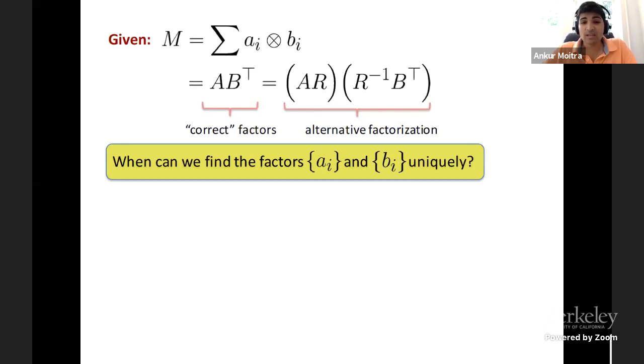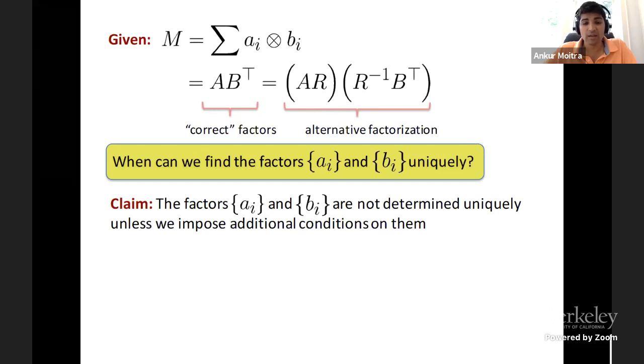Then when you group A times R together and R inverse times B transpose together, you get another perfectly valid alternative factorization. And that factorization is something you might discover when you compute matrix decompositions on M. So even though there is a nice explanation for M in terms of factor analysis, you can't necessarily recover it uniquely. In fact, what I claim is that the answer to this question about when you can recover the factors a_i and b_i uniquely is actually not very interesting.